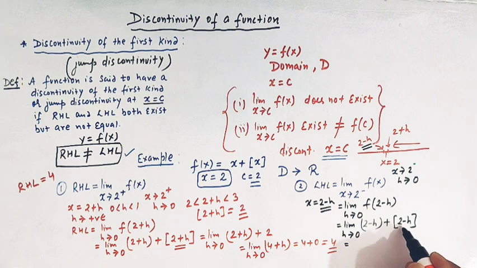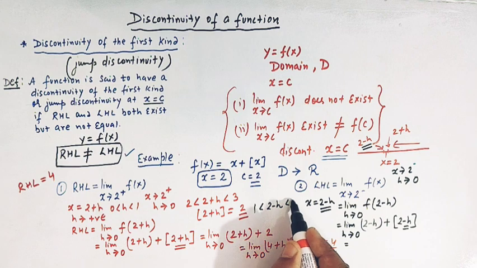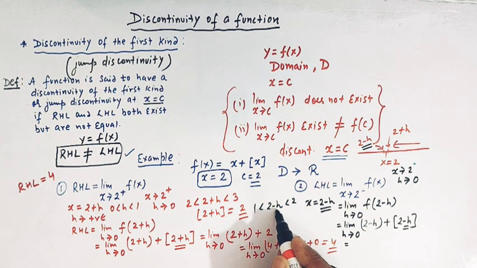Again we cannot directly substitute h equals 0. See, the quantity 2 minus h is slightly less than 2 but greater than 1, because h is positive.